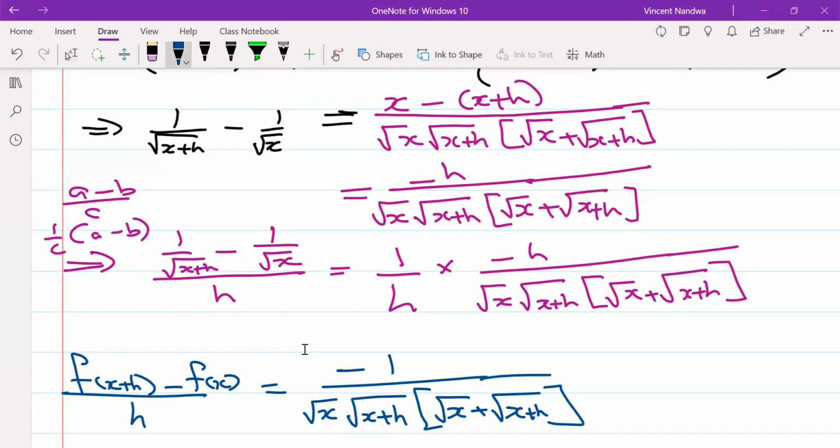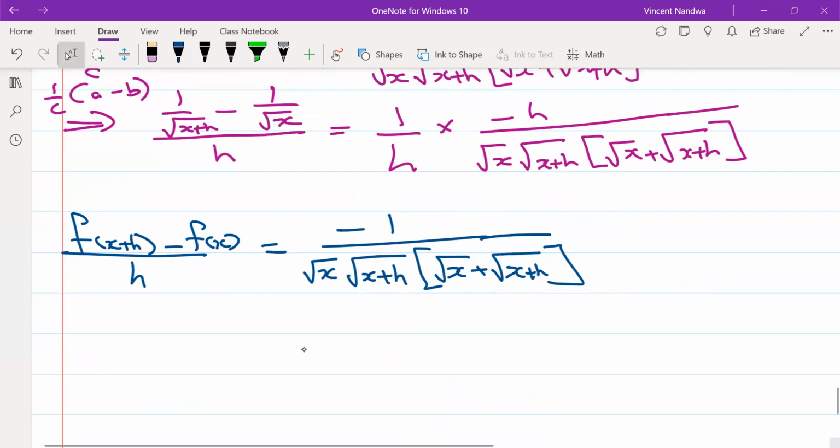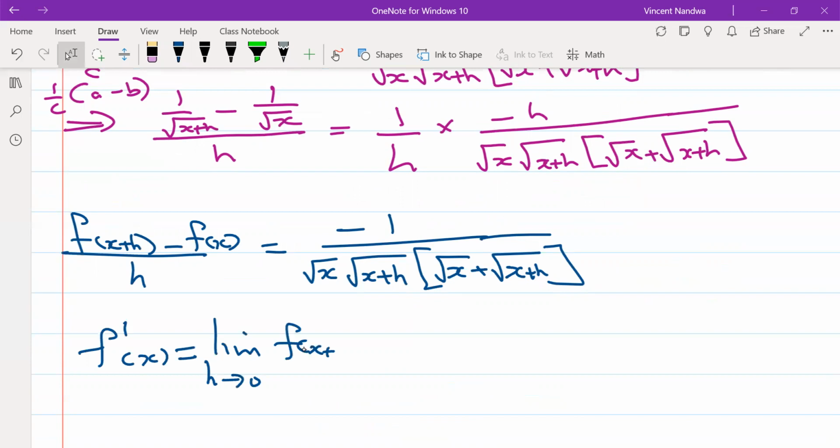So the derivative f prime, which is the limit as h approaches 0 of f of x plus h minus f of x divided by h, will be simply the limit of this expression now.